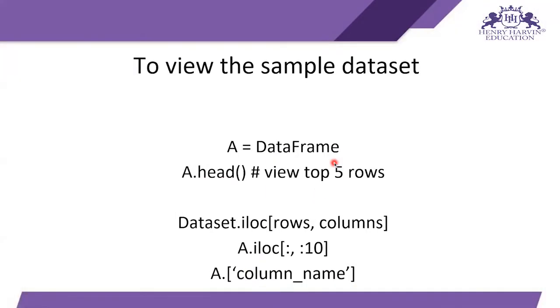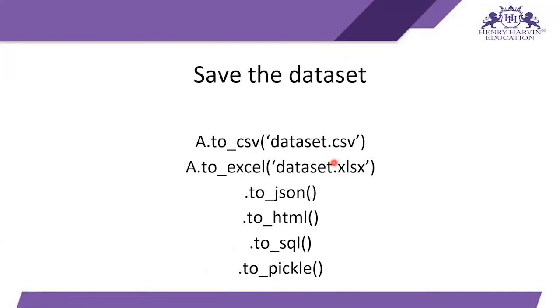Then comes saving the datasets. Say I have the dataset in a number format, and I update the dataset, add a new column, add new rows, and change some values, for example by multiplying by 10. Let's take a real-time example.